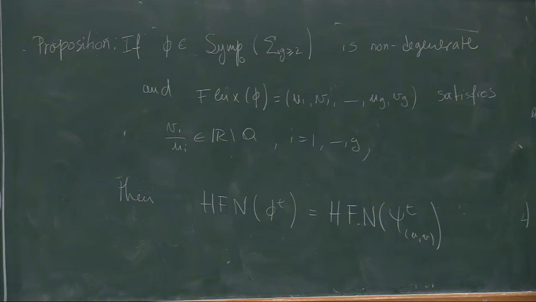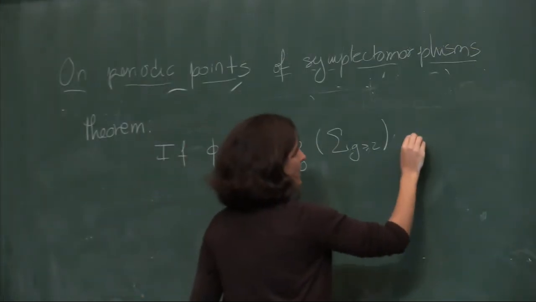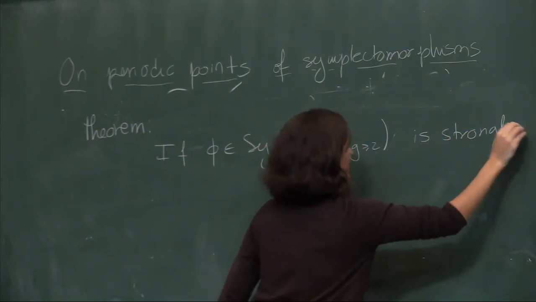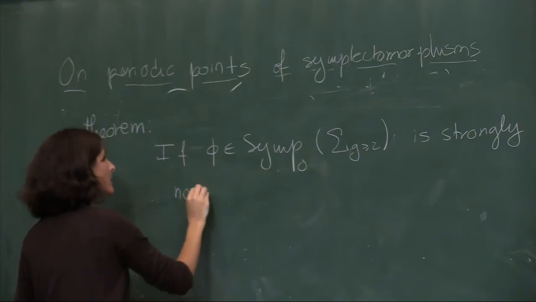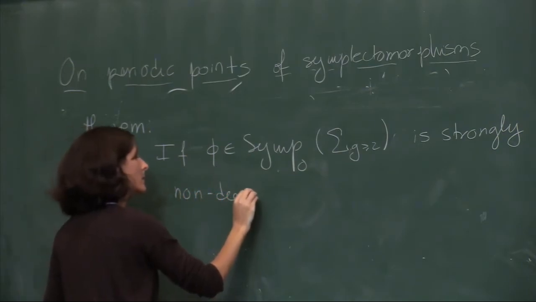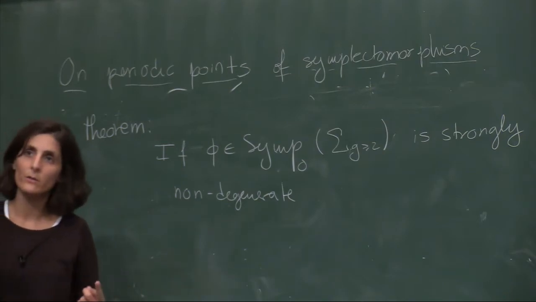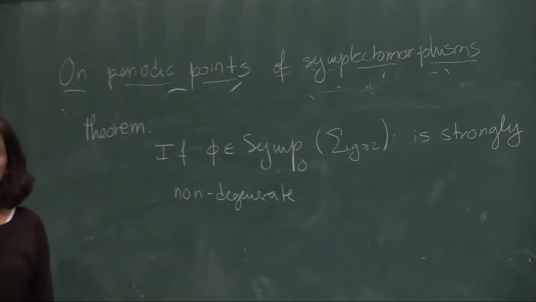So if phi is connected to the identity by some isotopy, strongly non-degenerate, and strongly non-degenerate means not just one, all periodic orbits are non-degenerate, okay?